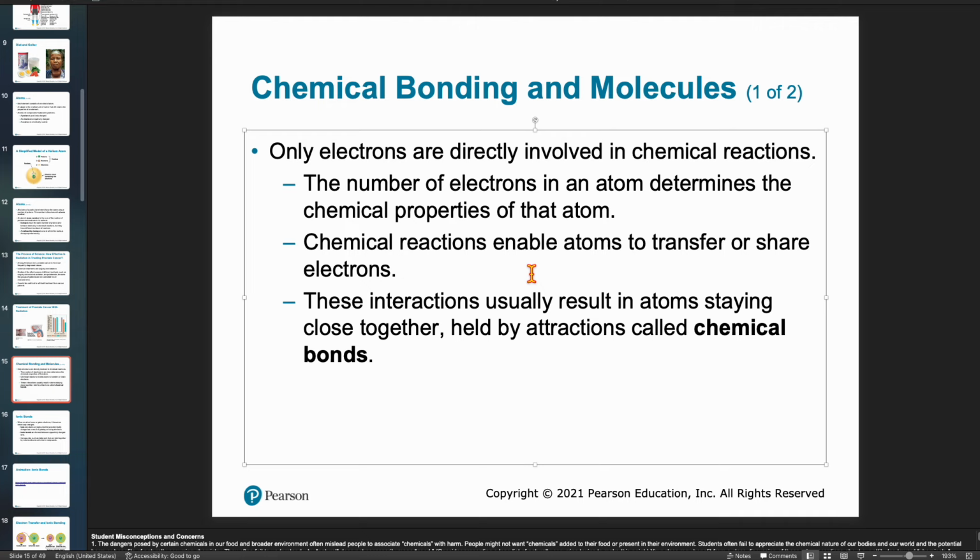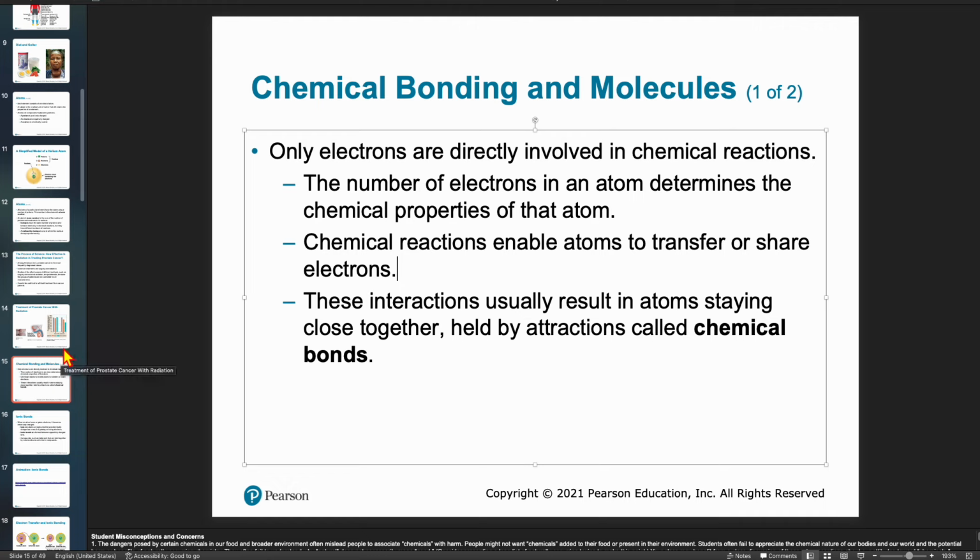An ionic bond will actually transfer the electrons. Then we have another kind of bond called a covalent bond, and they're the ones that share electrons. So you can either share electrons or transfer them in the case of ionic bonds, and that's how things are held together.